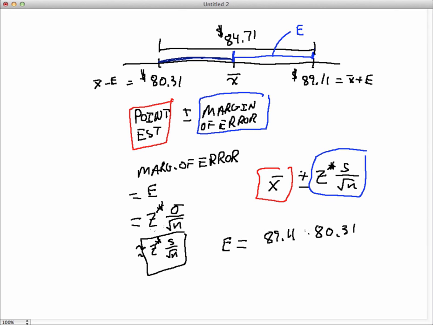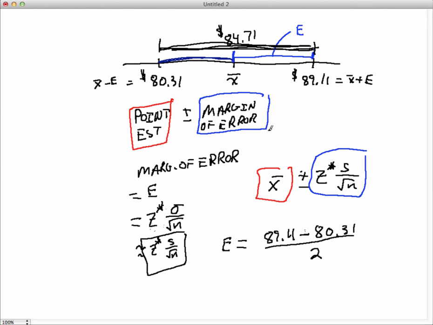I want to know their distance. I'm not going to add them if I'm trying to find their distance. That's a subtraction there. Divided by 2. In other words, give me the total distance from here to here, and I cut that in half, and I'll get the blue distance, which is my margin of error.